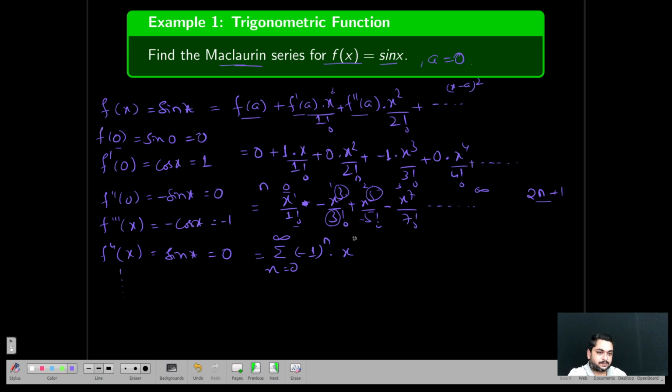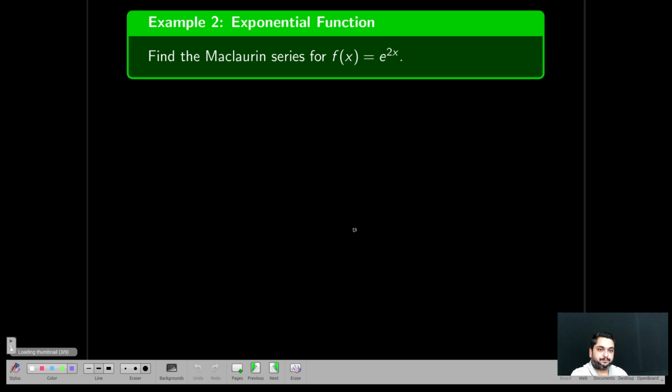So it is nothing but x power 2n plus 1 divided by 2n plus 1 factorial. This is just to give it in a summation form, but you will be directly using these terms when you apply them in your problems. So that is the Taylor series or Maclaurin series for your sin x function.